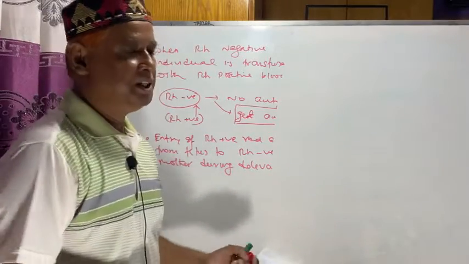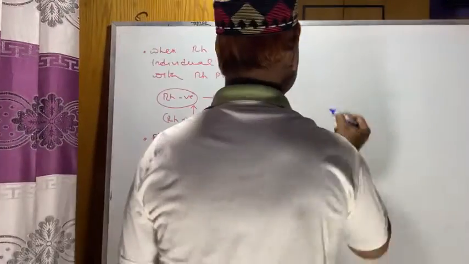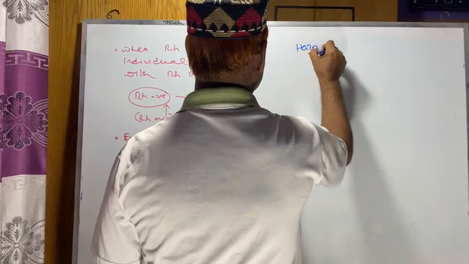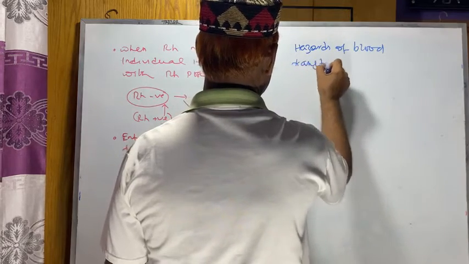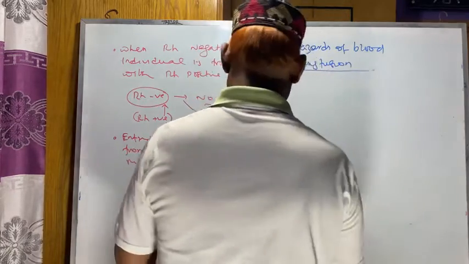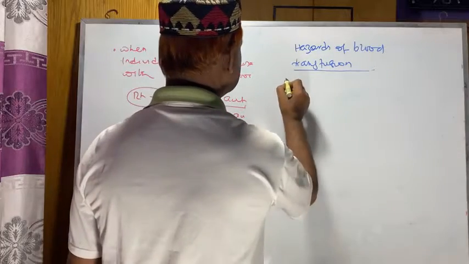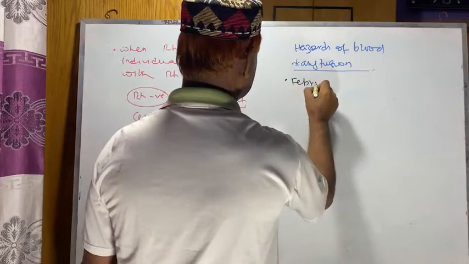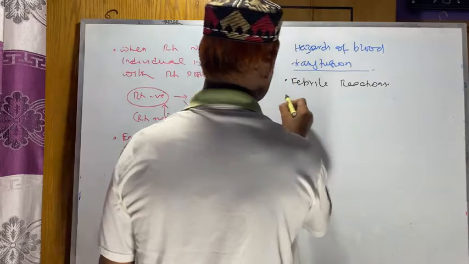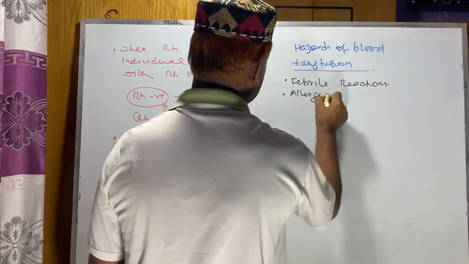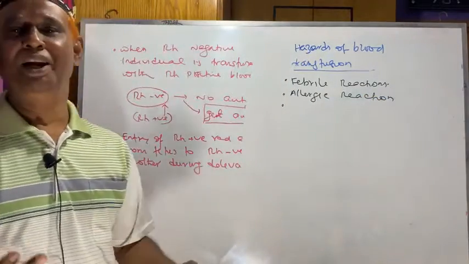Now come to hazards of blood transfusion, that is complications of blood transfusion. The hazards may be febrile reactions, allergic reactions, and hemolytic reactions also.